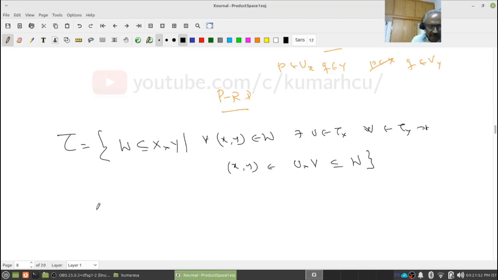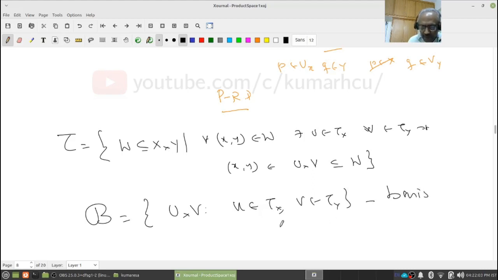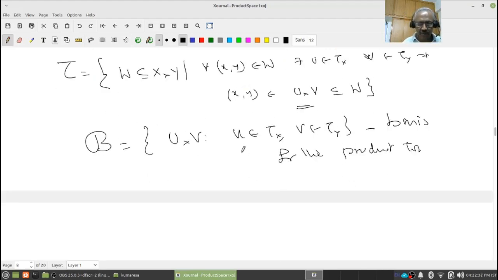In other words, if I call this u cross v, where u is in tau x and v is in tau y, this is a basis for the product topology. Because what does this mean? This means sets of the form u cross v form a basis, right? Because w is going to be a union of u cross v. I hope all of you remember basis, etc. Okay, it's unfortunate. Unless you learn those things well, you will suffer. Please go back to my videos on basis, etc. You will understand.